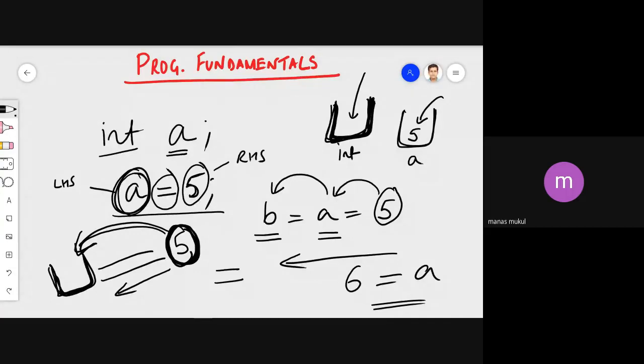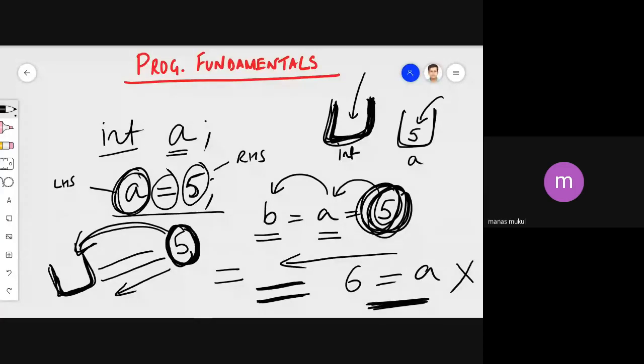So the assignment operator, which has the symbol equal to, always works from right to left. Therefore, the value on the left must be some form of variable, some form of container which can receive the value from the expression which is on the right. So if you write something like this, it is incorrect.